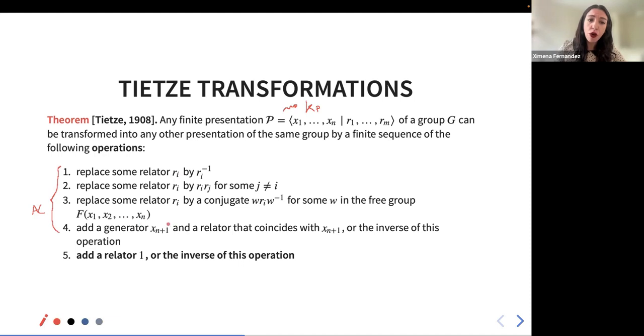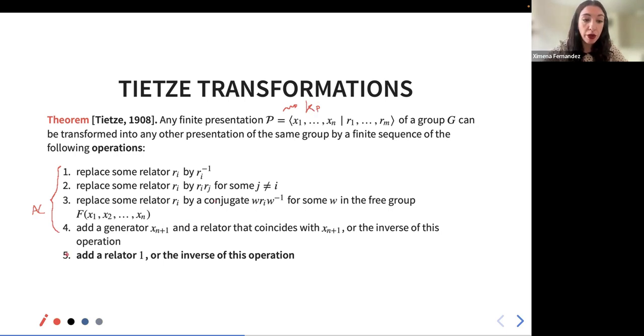Operation number 4 adds a new generator. That means that you add a new cell of dimension 1, and you also add a new cell of dimension 2 that is attached like a disk. So you can see that operations 1 up to 4 don't change the homotopy type of this complex.